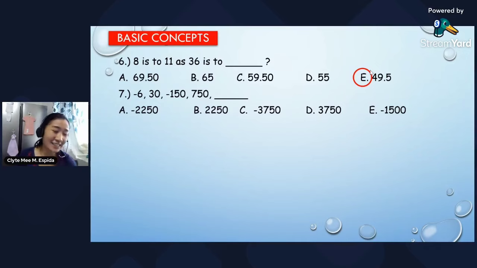Sorry. So let's have number 7. So we have pattern, -6, 30, -50, and 750. So comment down your answers. Okay, si Sir John, pwede din times mo siya sa 4.5.